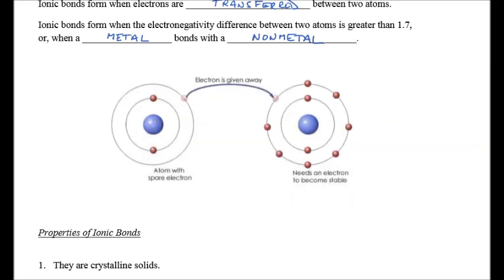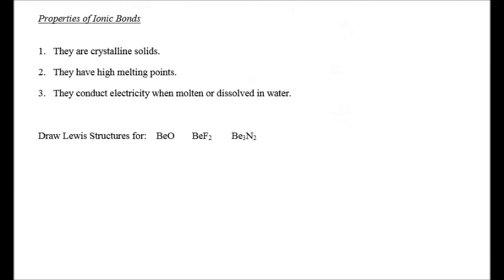Ionic bonds have certain properties. Think salt. They have crystalline solids. They have high melting points, and they conduct electricity when melted or dissolved in water.